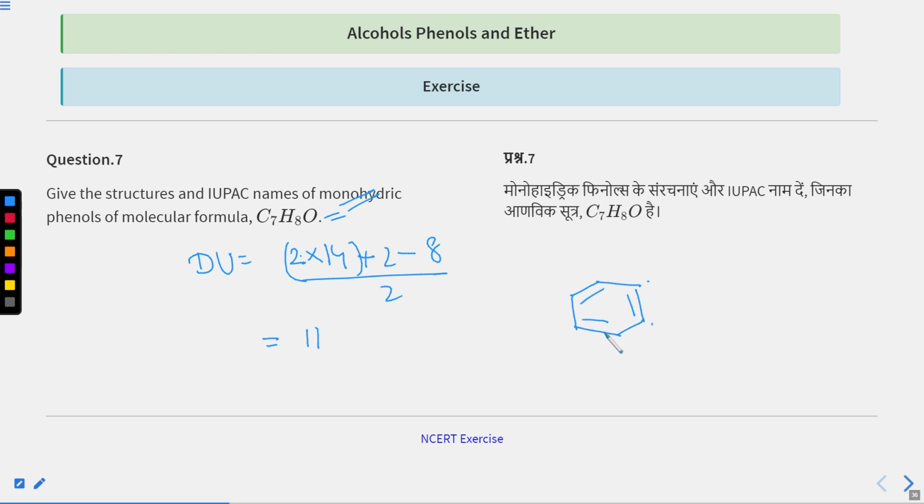So we have C7H8, 6 are here. Then there is a carbon attached to it, and since it is a monohydric alcohol, we will have OH also simultaneously. How many hydrogens have been used? 6 hydrogens have been used and 1 hydrogen is being left.